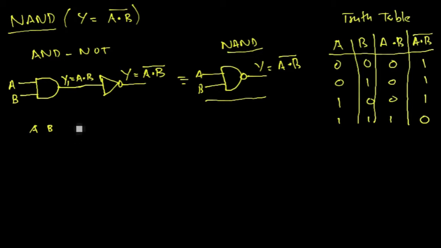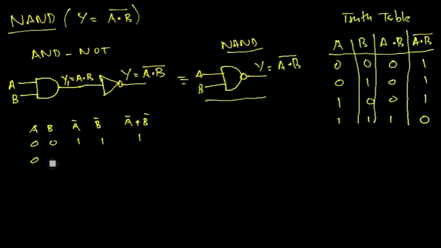When A is complemented and B is also complemented, then we take A complement or B complement. When A is 0 and B is 0, A complement is 1, B complement is 1, so A complement or B complement will be 1.